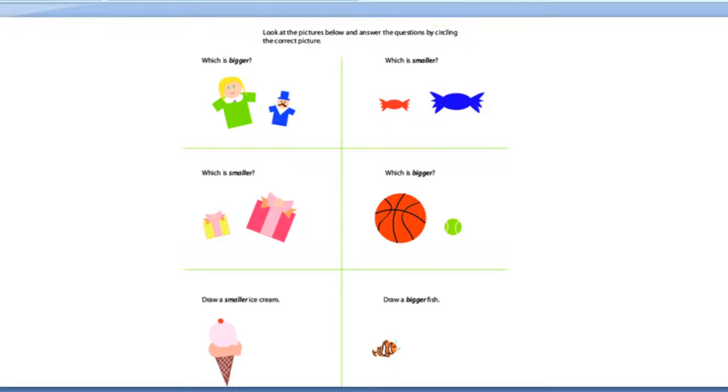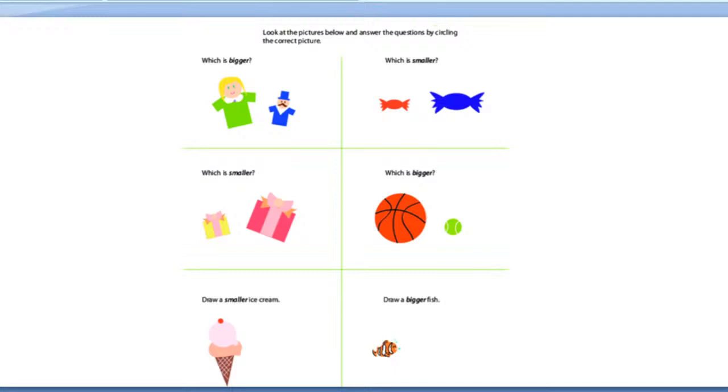Okay, so the first picture. There are two dolls, the green one and the blue one. So which is the bigger one? Okay, we are not talking about doll, we are talking about big. Yes, good. So we are talking about big and small.